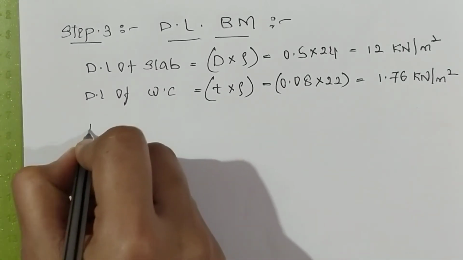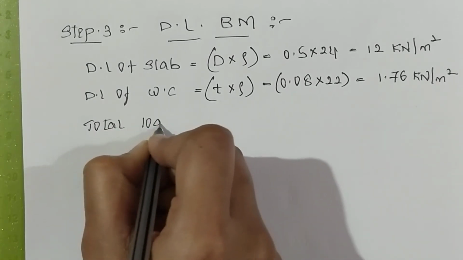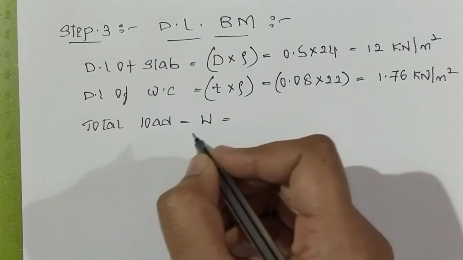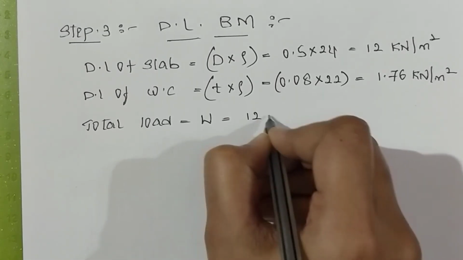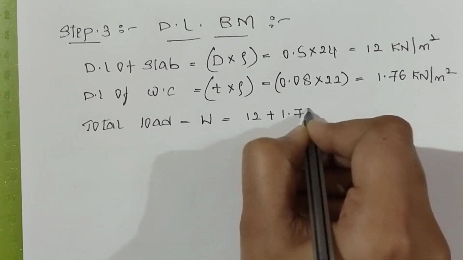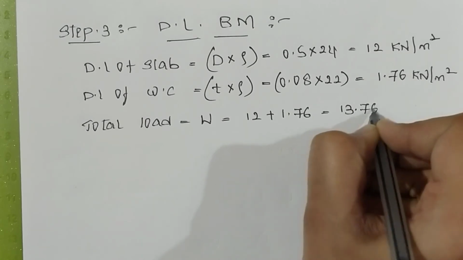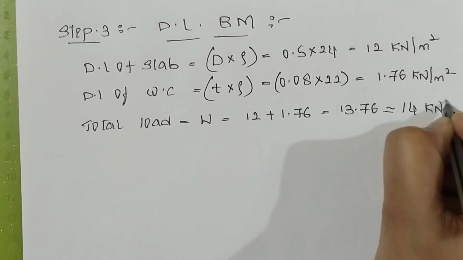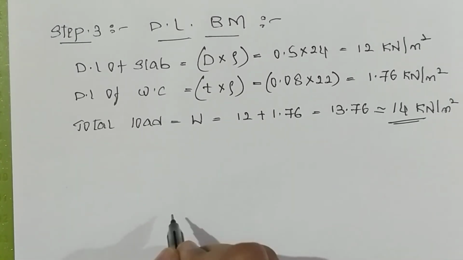Next, calculate total load. That is W, that will be equal to 12 plus 1.76, you will get it 13.76. Okay, round it off to 14 kilonewton per meter square.